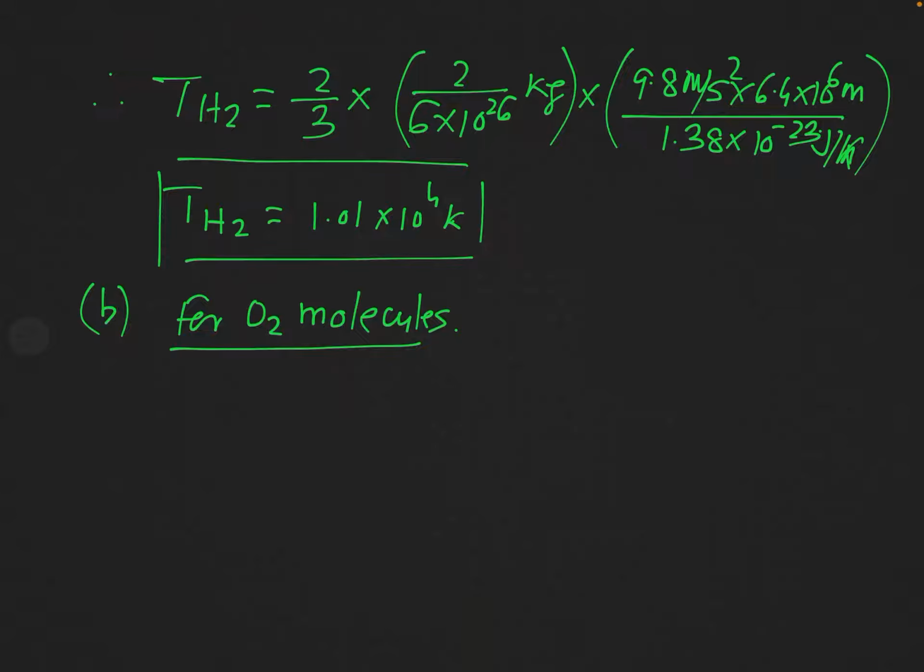So the mass of an oxygen molecule MO2 will be equal to the molecular weight of the oxygen molecule over Avogadro's number. The molecular weight of oxygen is 32u. So this is 32 over 6 into 10 to the power 26 kg. And apart from it, everything will be the same.